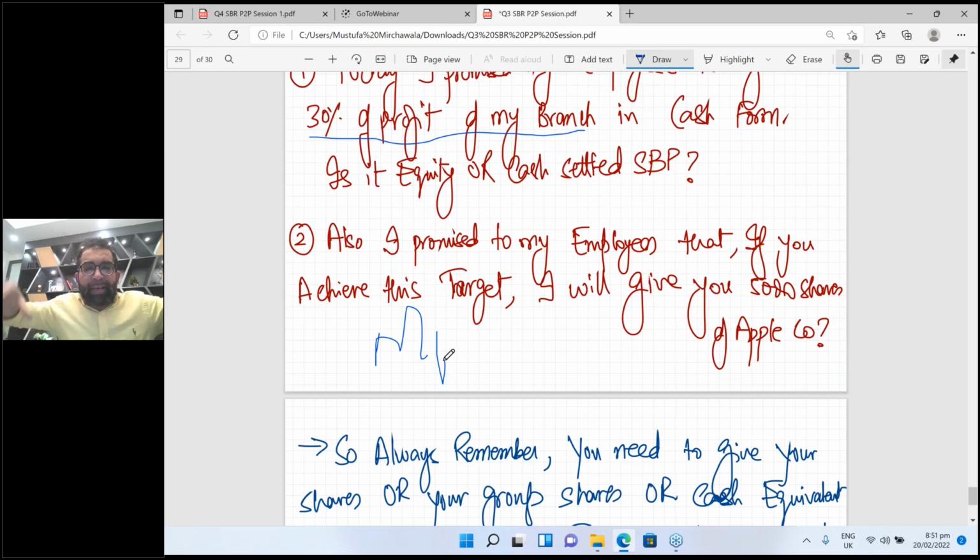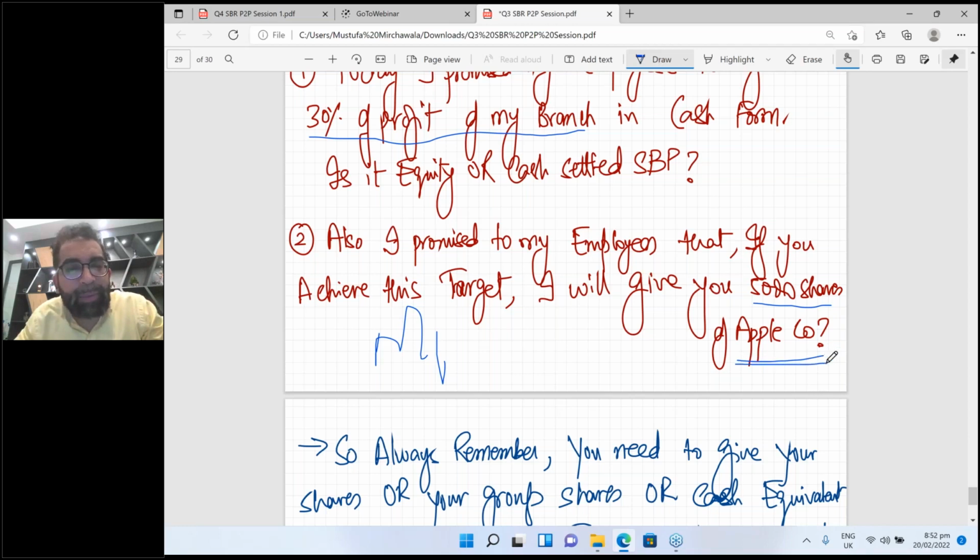Today I gathered my employees and I told them if they achieve certain targets, then, as the owner of Mirchawala Institute, I'll give them 5,000 shares of Apple company.